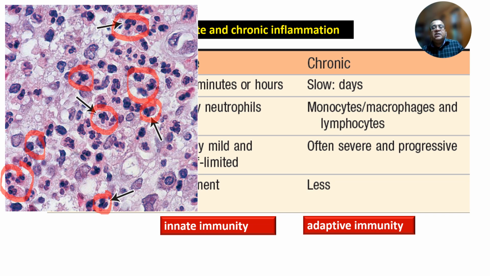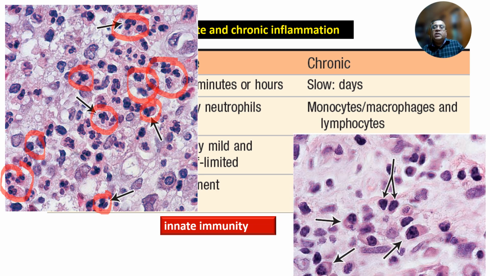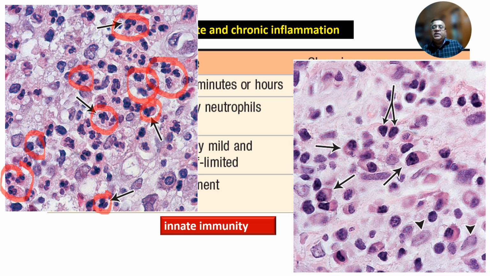Many neutrophils are seen in this field, while in chronic inflammation there is predominance of plasma cells, the large cells with clear cytoplasm. The nucleus is eccentric toward a side, and the cytoplasm is abundant and pinkish in color.